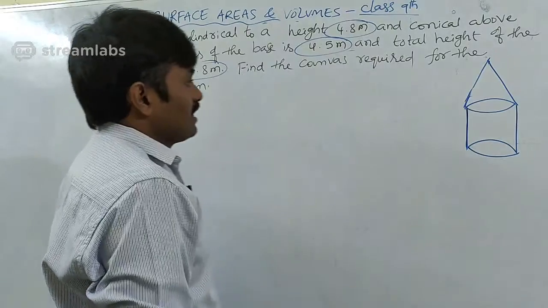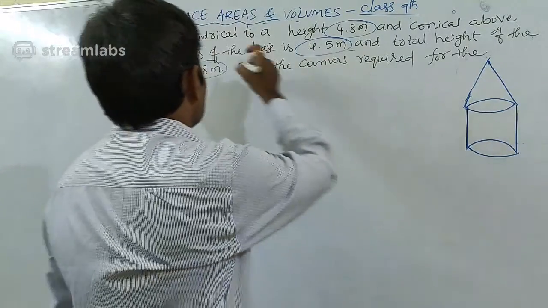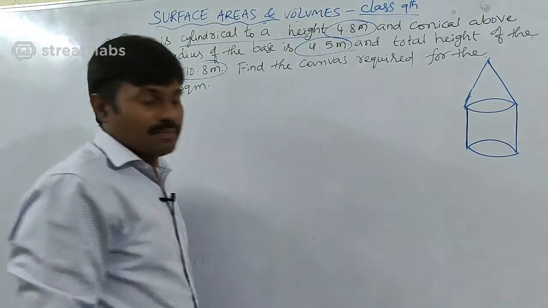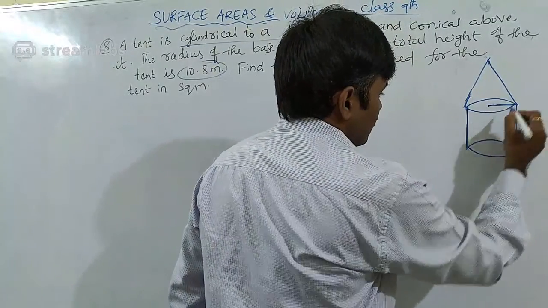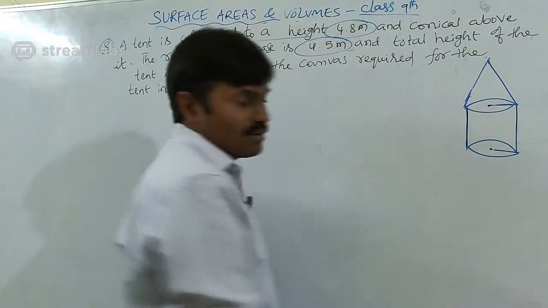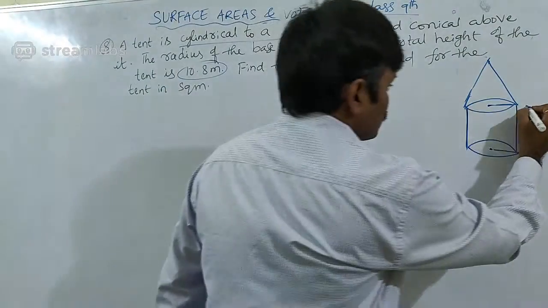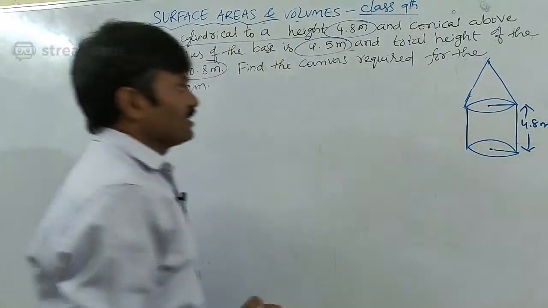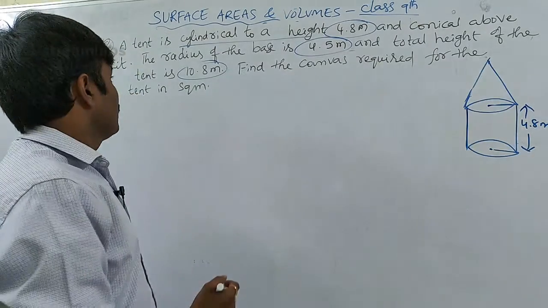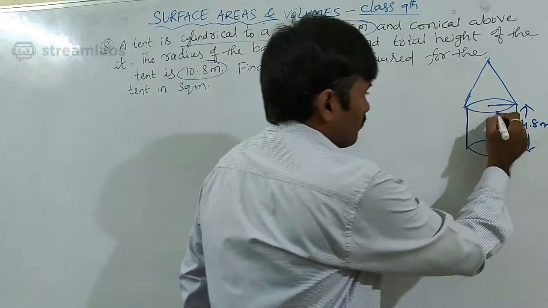Now see, the height of the cylindrical part is 4.8 meters. From here to here, this is the base radius, and here is also the base radius. The base radius will be the same, 4.5 meters.